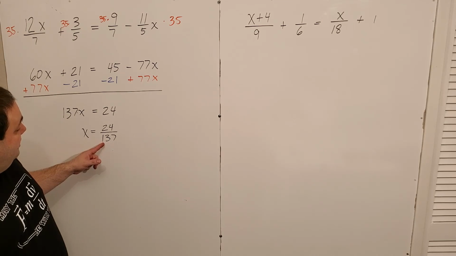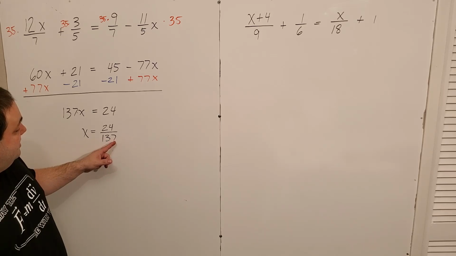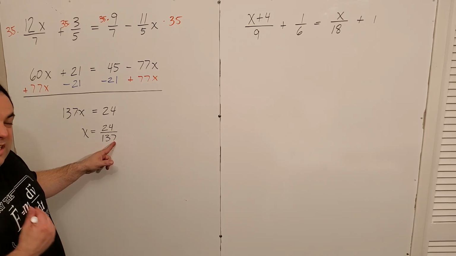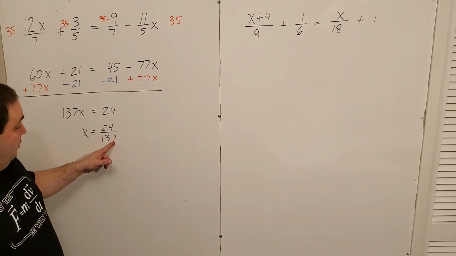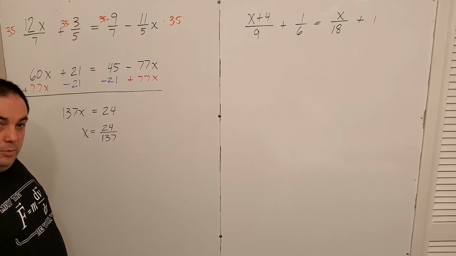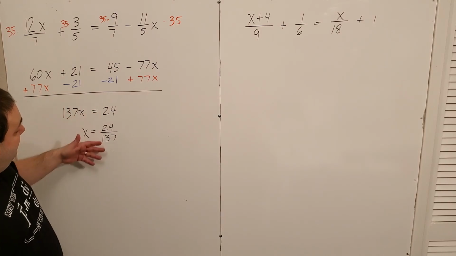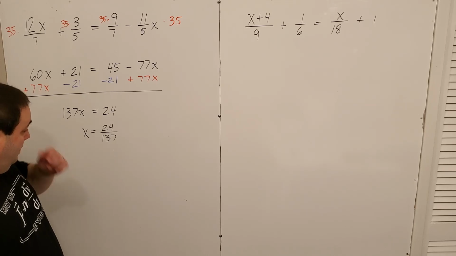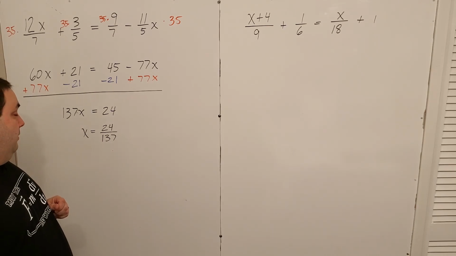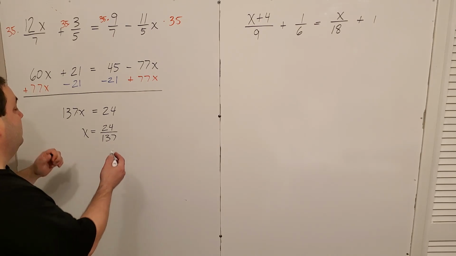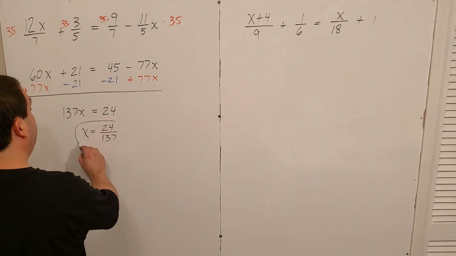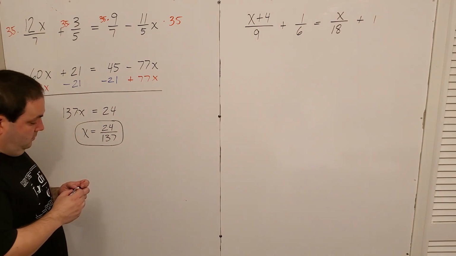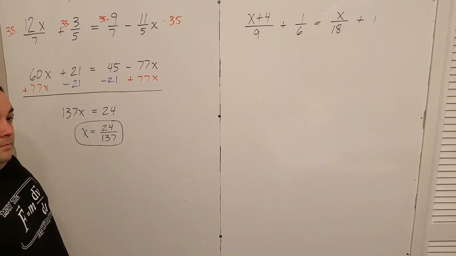Also, if I add the digits up, 1 plus 3 plus 7 is 11, which is not divisible by 3, which means 137 is not divisible by 3. Okay, so they don't have any common factors. Even if 137 does happen to have something in it, they don't have any common factors. Okay, so then this is where I'll stop.